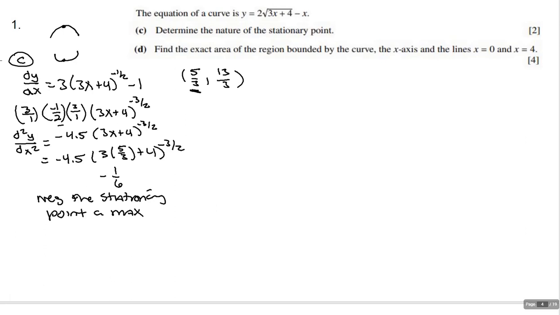And then in part D, it says find the exact area of the region bounded by the lines x equals 0 and x equals 4. All right, now I know that I'm supposed to be talking about derivatives today, but in order to do this last part, this part D, we're going to use integration.